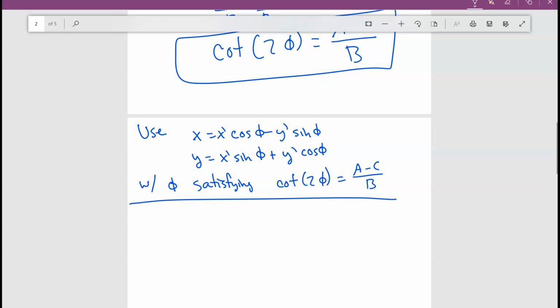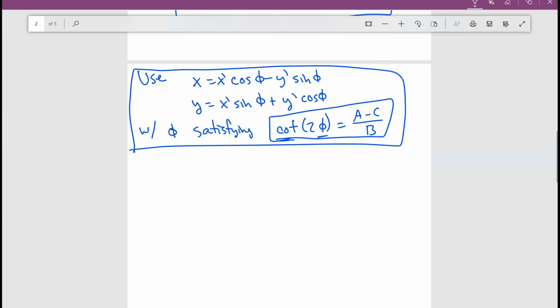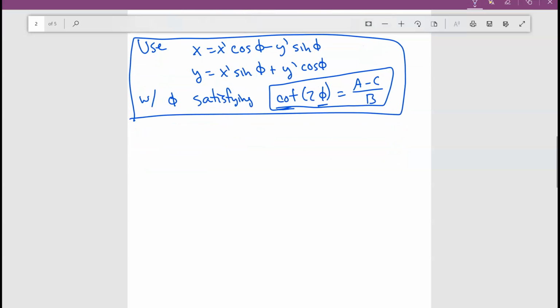These are basically the rules I want to use. I'm going to substitute my x and my y with these to convert to x prime, y prime, and then select phi such that this is satisfied also. This will eliminate the b term, and if the xy term is still there, then we probably did something wrong. In the next video, I'm going to do a problem, and you'll see how tedious it can be.